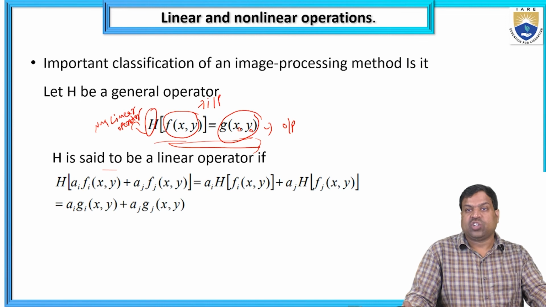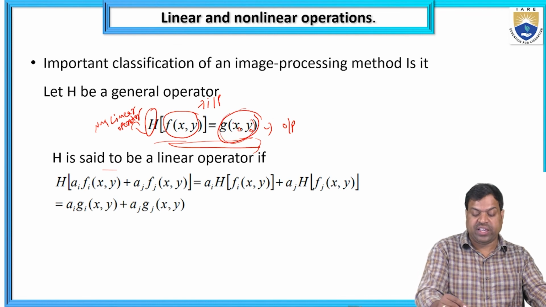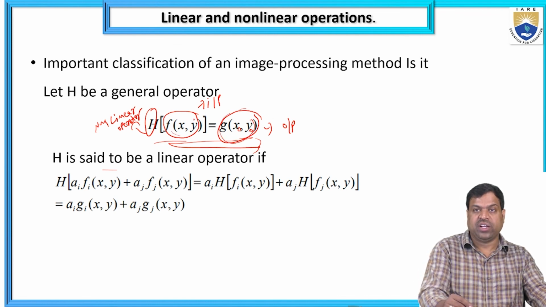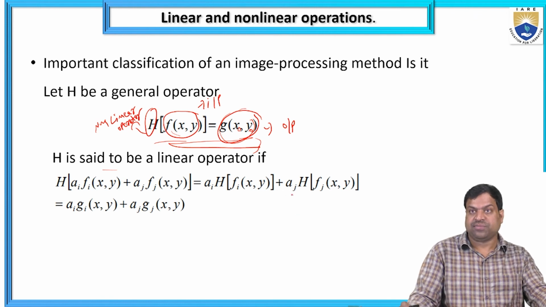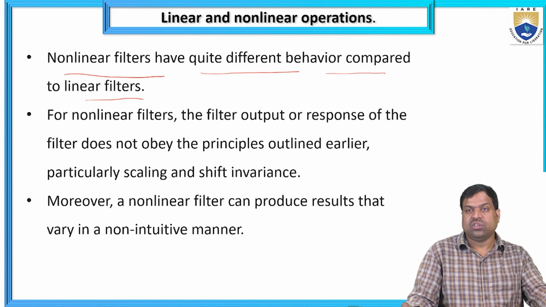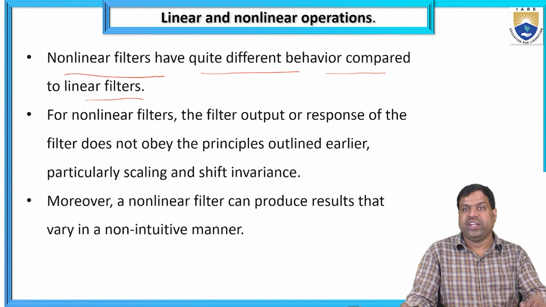So H of f of x comma y equal to g of x comma y. It is the output function with linearity. f of x comma y is an input linear function. H is a linear operation. If I am taking non-linear, I am taking x naught comma y naught. So the non-linear functions are slightly different from linear functions.